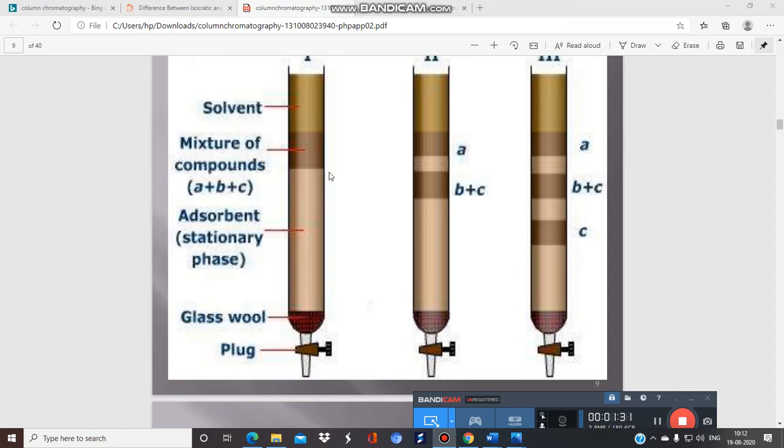So the next diagram is this, that is A, B plus C. Then again here it is C. So what does it infer?